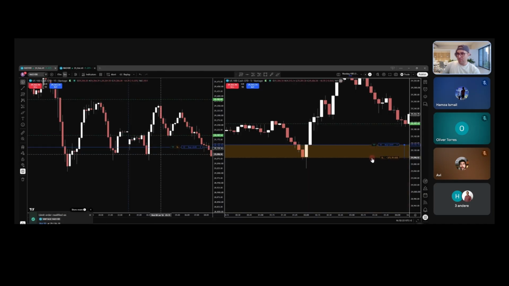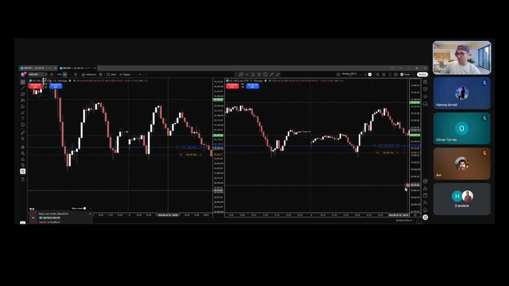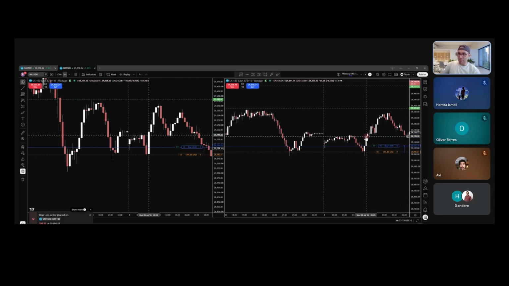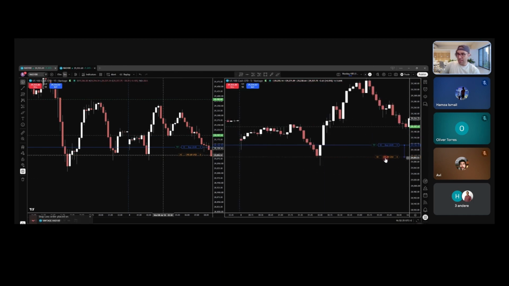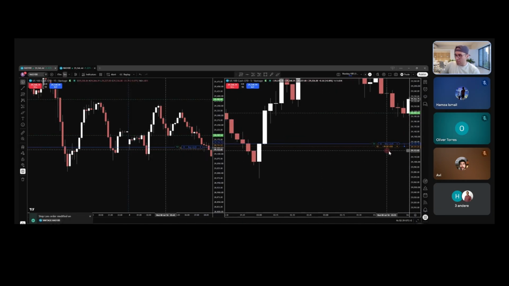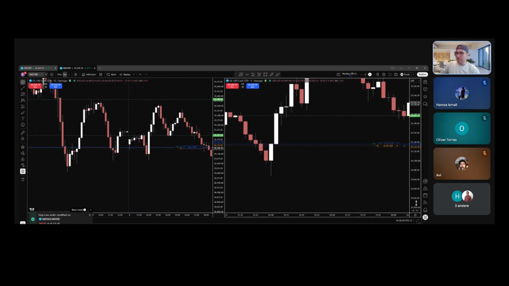My stop loss would be right below the closing price here, and I'm hoping that the moment it reaches the level here, because I don't know what's happening here, the first thing I do, I bring it to break even. And I say, hey, I have a small wick here. Perfect. I bring it below the wick here. That's it.